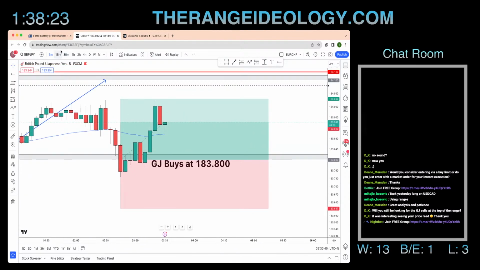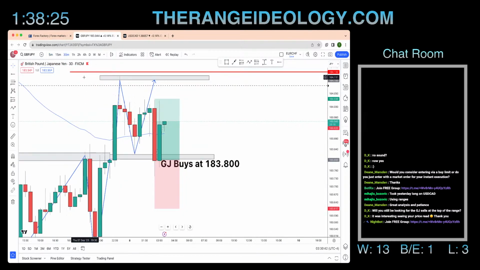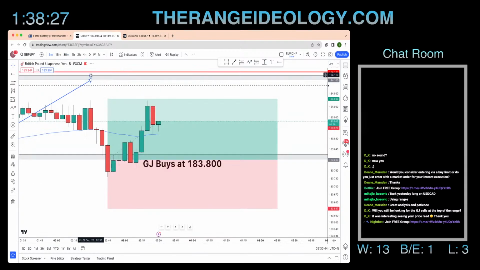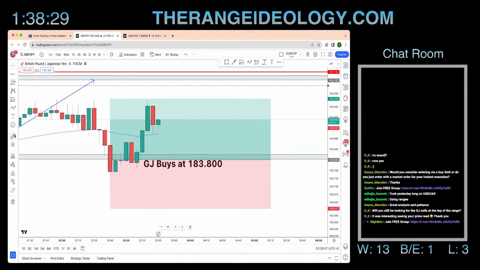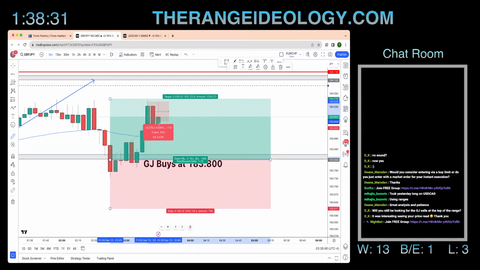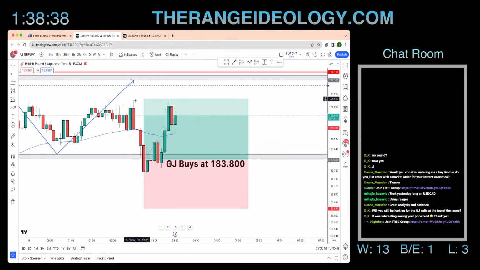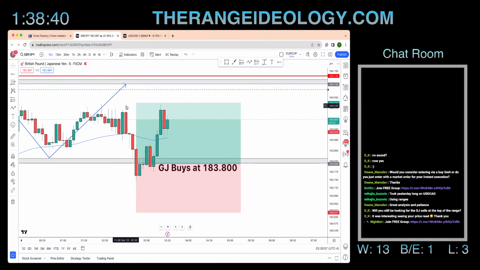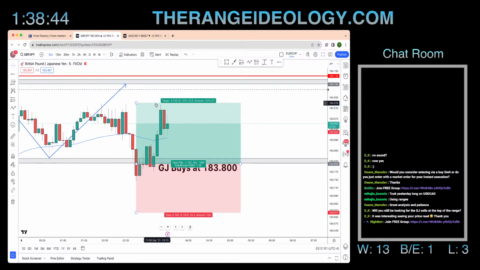Here is the new 30-minute candle. You can see now it's battling in this consolidation zone. So it's very evident that the price can come right back up and get TP for anybody that was holding on right to the 23 pips.